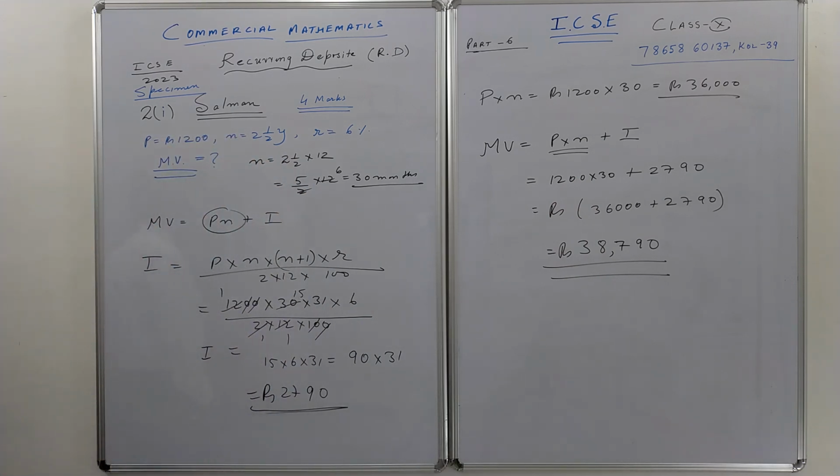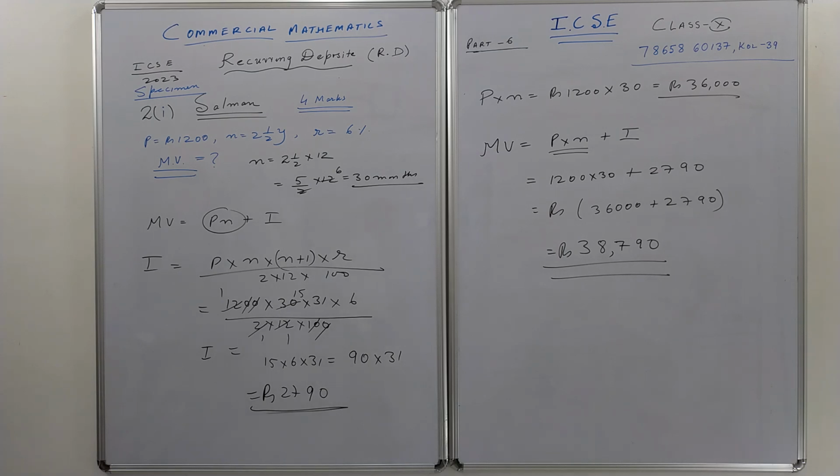So this was the specimen paper of this year. And the very last question in this, I'm going to do the MCQ of semester 1 of last year, which was a 4-mark question.